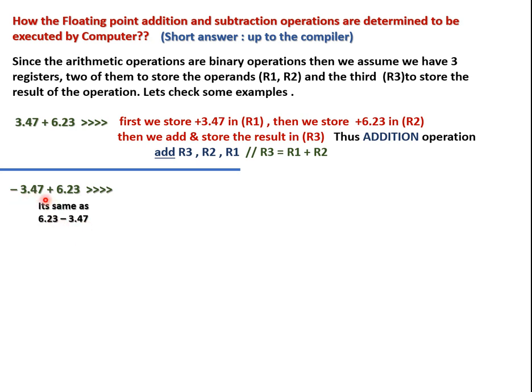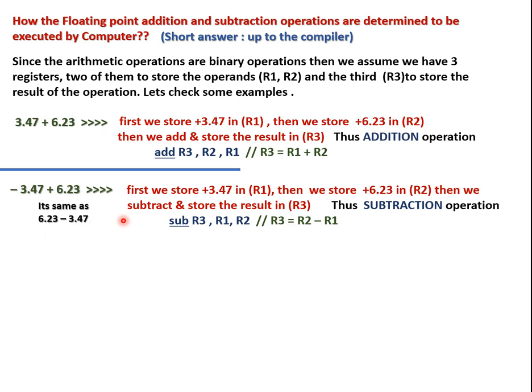And here at first look, we think this is gonna be addition operation by adding the minus 3.47 to the positive 6.23. Actually it's not. It's gonna be subtraction operation. We will subtract 3.47 from 6.23. And this is how it's gonna be.